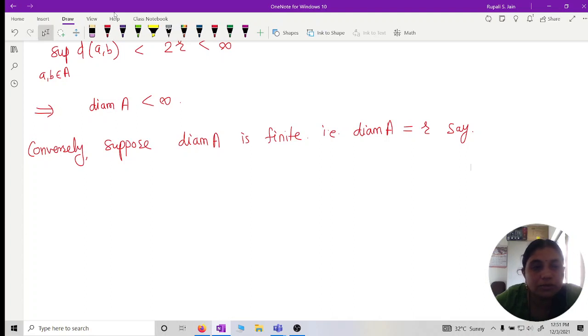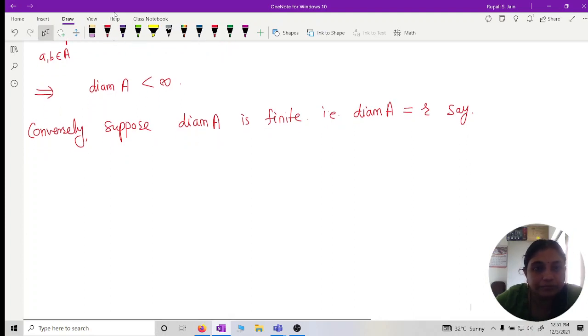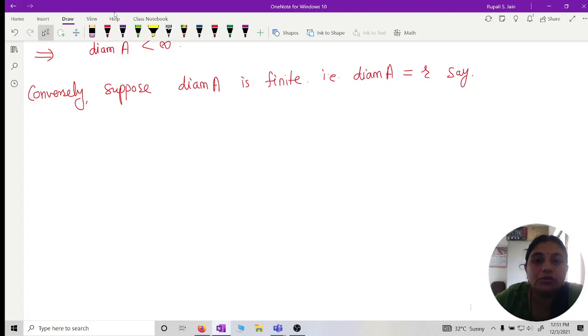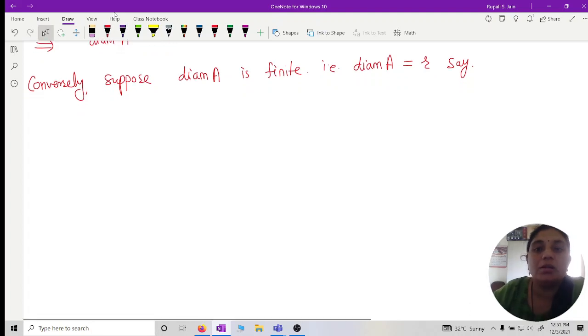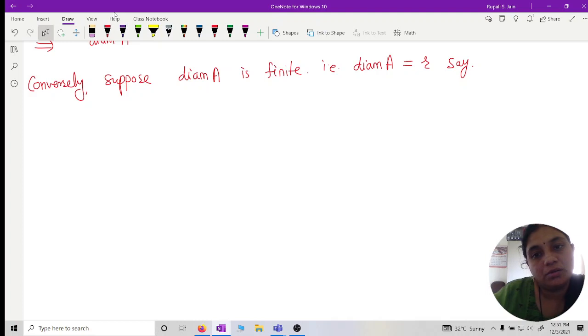I want to show now A is bounded. I want to show A is contained in some open ball. Diameter of A, I am saying R. So can you give me a ball in which A is totally contained?